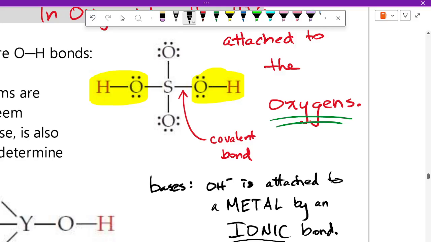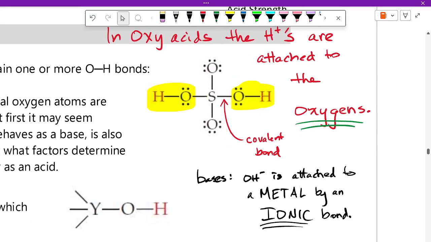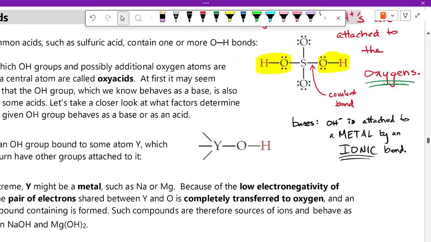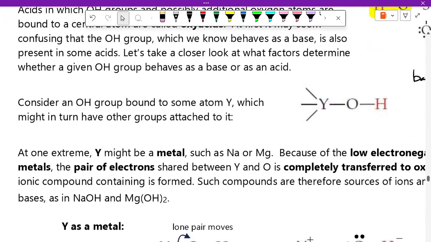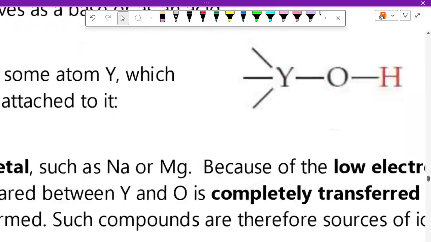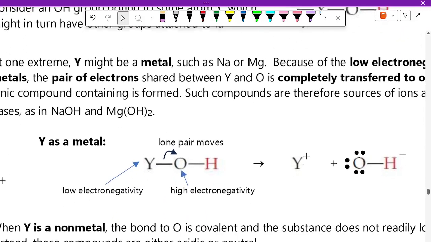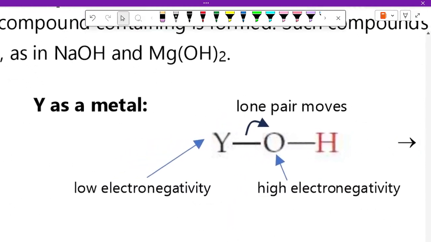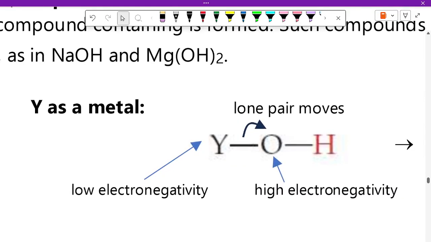So depending on whether OHs are attached covalently or ionically is going to depend on the element. Here we have some element Y, and then we have our OH. If Y is a metal, then it has a low electronegativity, yes?